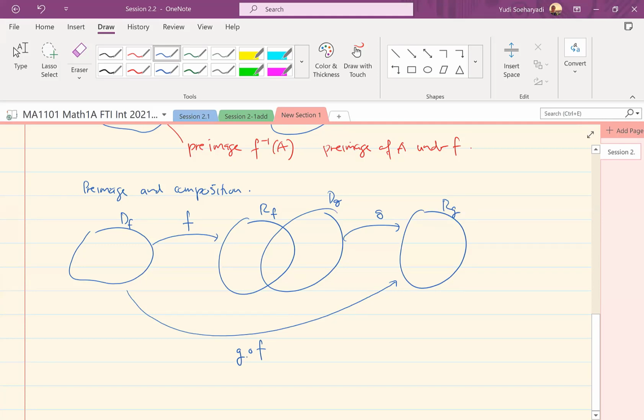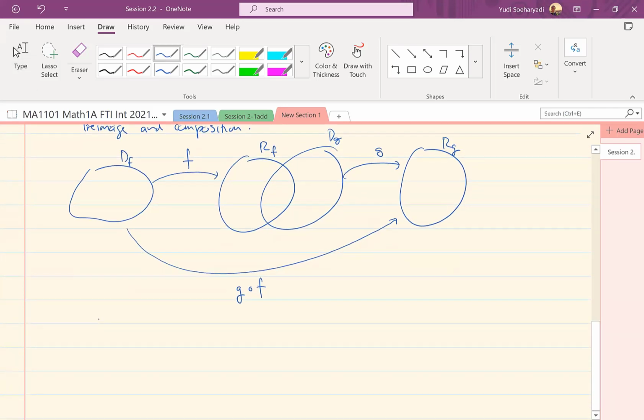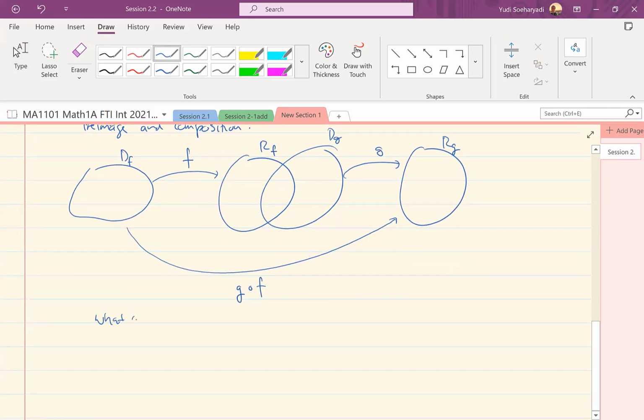Okay. Now the question is, what is the domain of the composition? Okay.